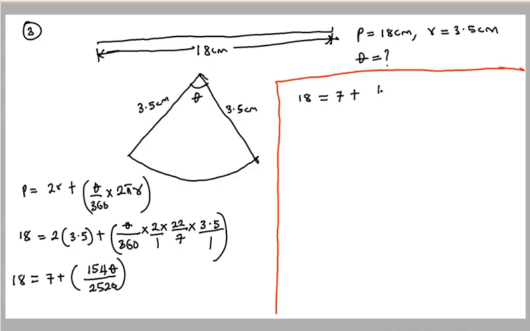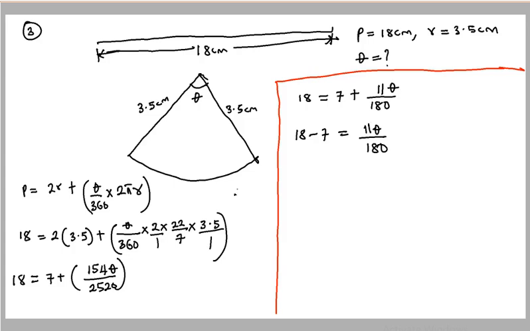And of course, there is theta up in the numerator. So what will I do here now? Let's move 7 to the left to become 18. If 7 goes to the left, it becomes negative. Negative 7 equal to 11 theta over 180.